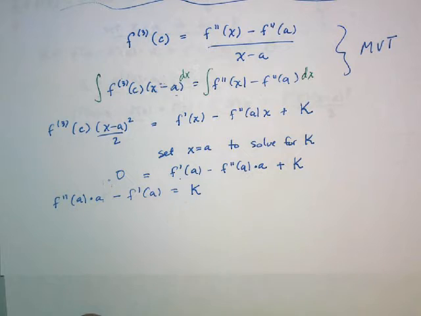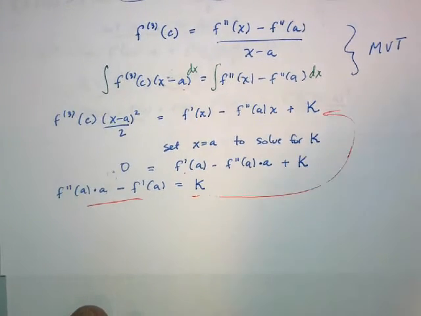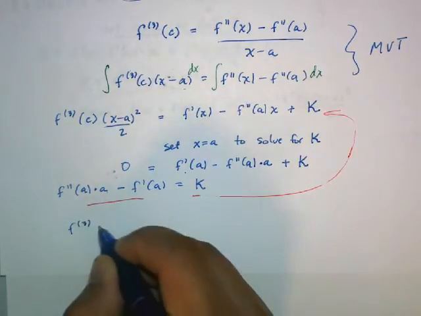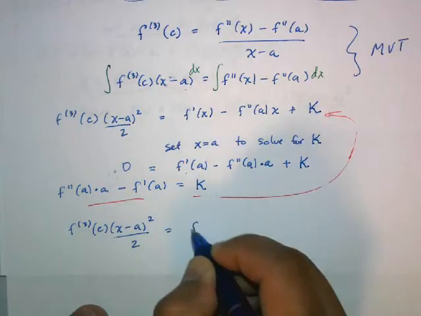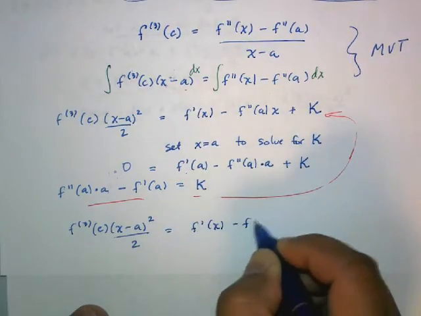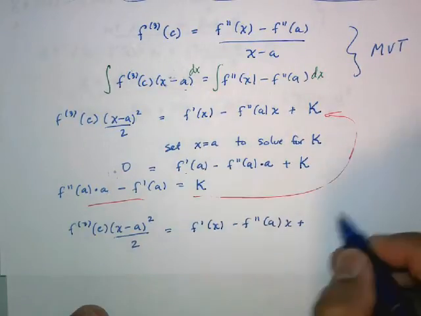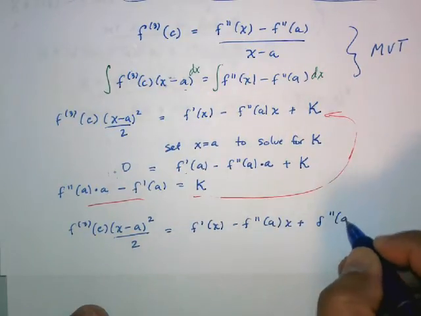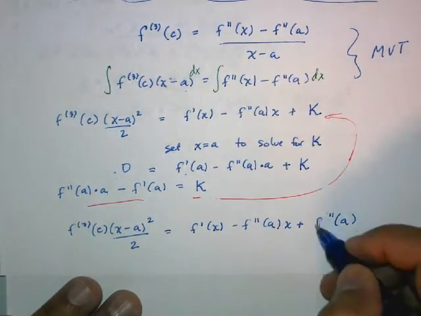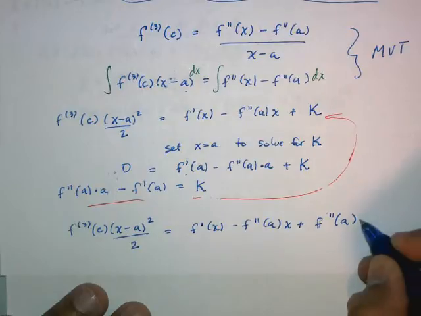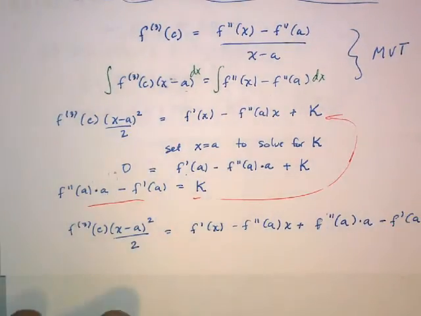And then I'm going to take this result here and just put it back into that original function. So I get the third derivative at c, x minus a squared all over 2 is equal to f prime of x minus f double prime of a times x plus this mess, f double prime of a times a minus f prime of a.